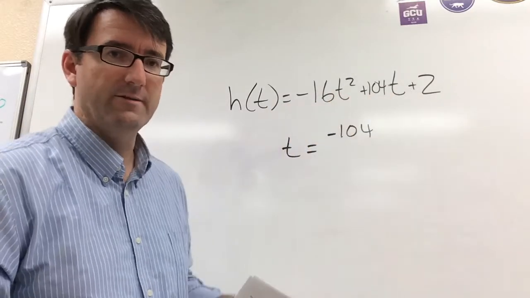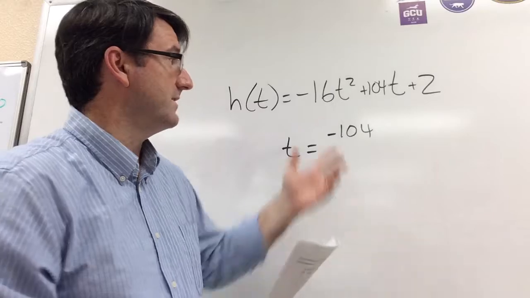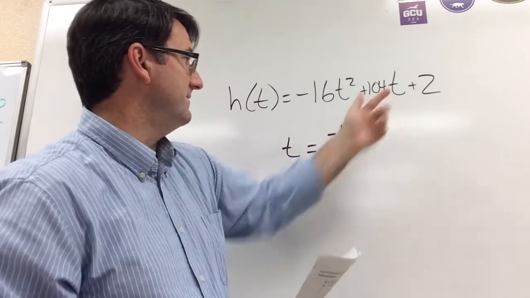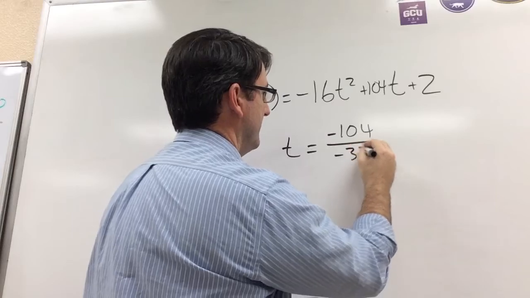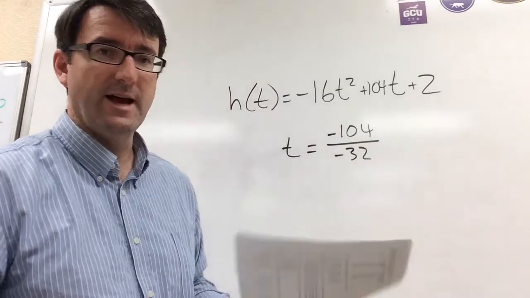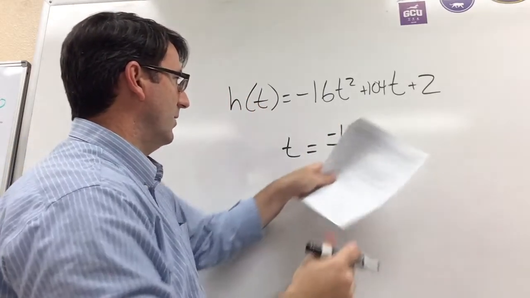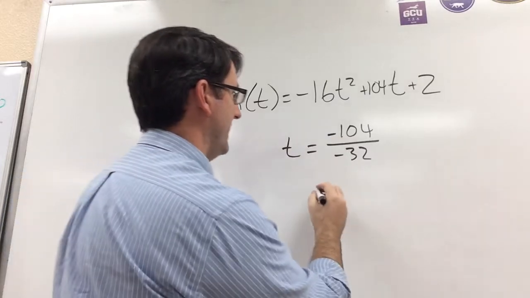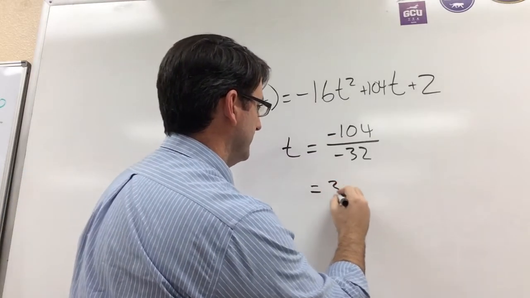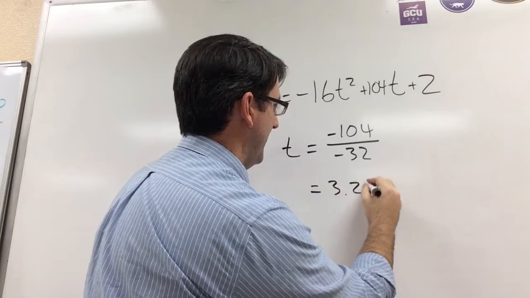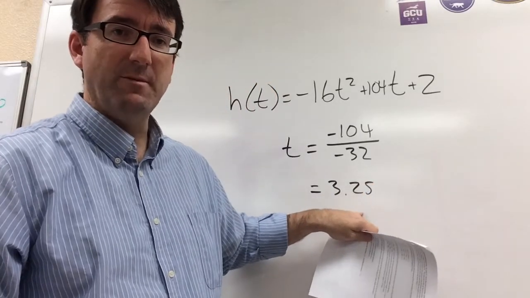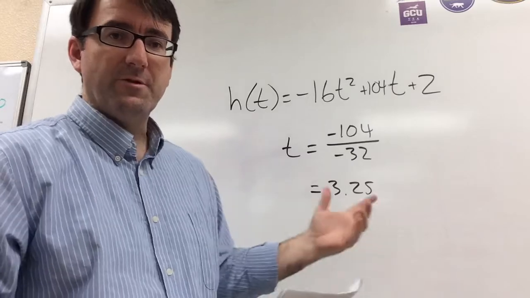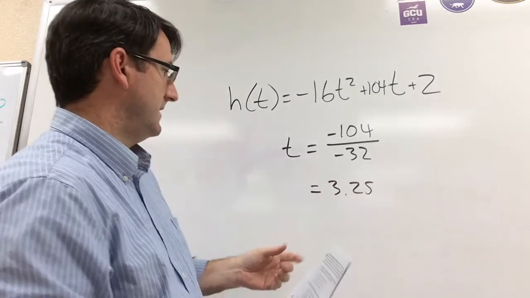So that's negative 104 over 2 times negative 16, which is negative 32. Negative 104 divided by negative 32 is going to give us 3.25. So we know that the ball reached its maximum height after 3 1/4 seconds.